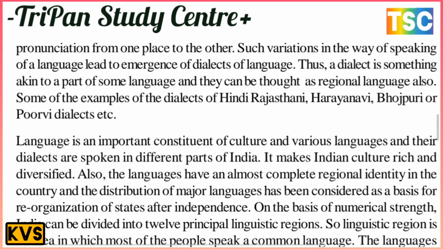Thus, a dialect is something akin to being a part of some language, and there can also be a regional language. Some examples of dialects of Hindi are Rajasthani, Haryanvi, Bhojpuri and the Purvi dialect etc. There is a most important point here.